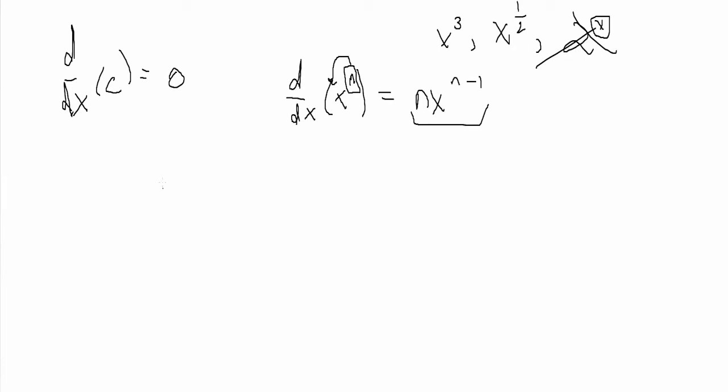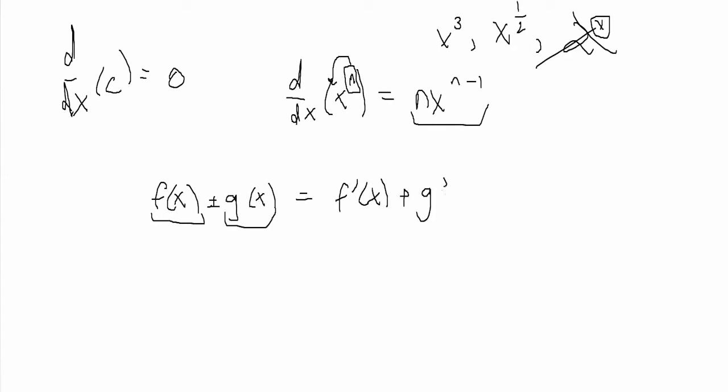So if you have two arbitrary functions, f of x plus g of x, the derivative is equivalent to the sum or difference of their derivatives. So you take the derivative of the first term, and then you either plus or minus, depending on the question, the derivative of the second term. So it's just f prime of x plus g prime of x, right?